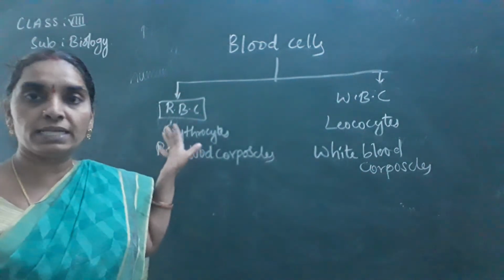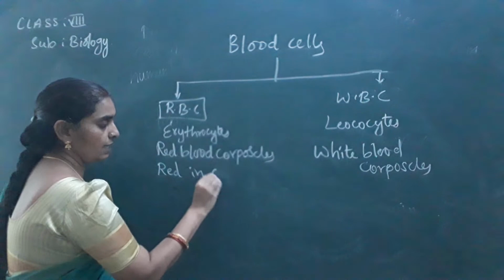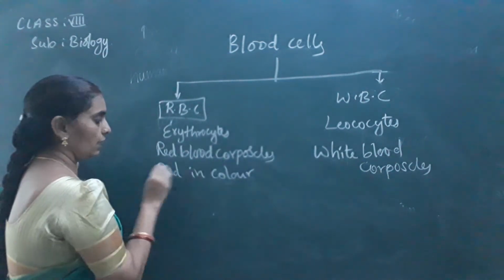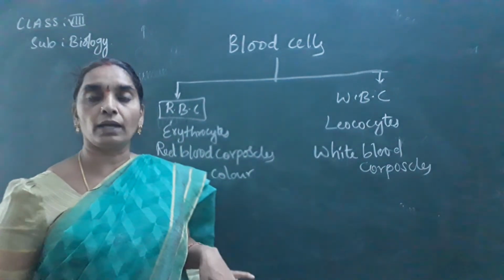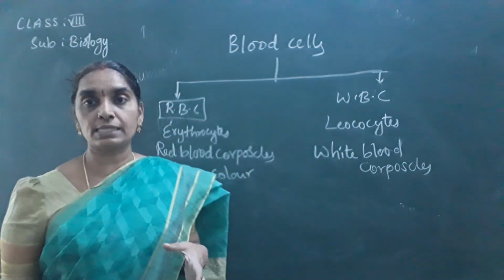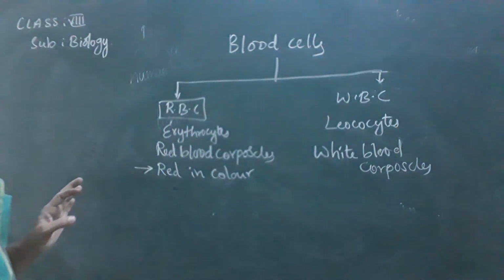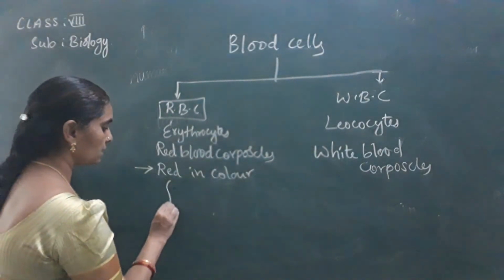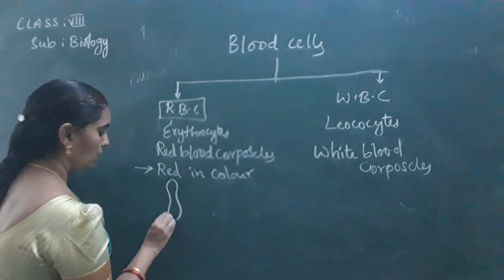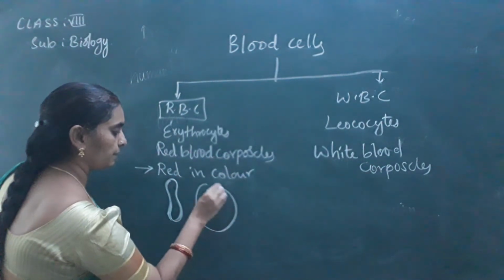The structure of RBC is round, disc-like or spherical, and sometimes lobed.